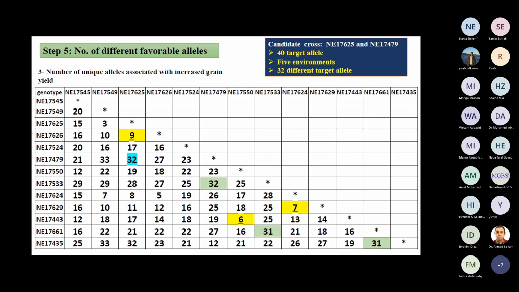This one? No, this is different in steps. Yeah, it could be 3 alleles in a gene. This is a good question, Dr. Helmi. We didn't investigate this. You are correct, so maybe the 32 alleles are in 15 different genes.